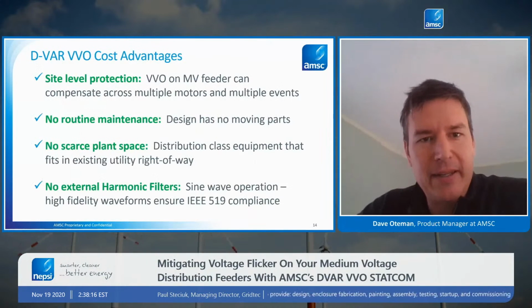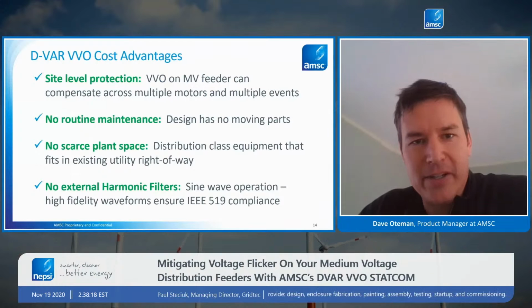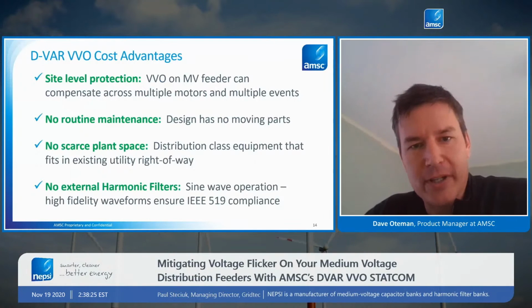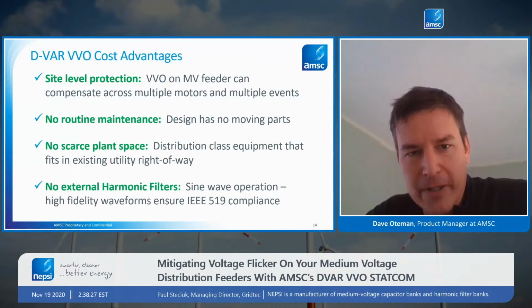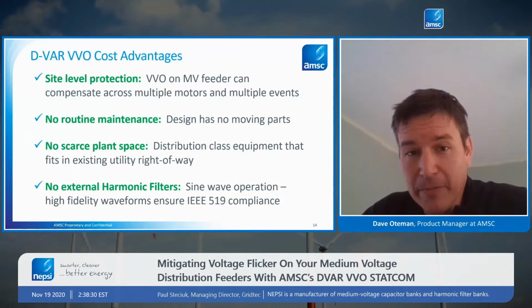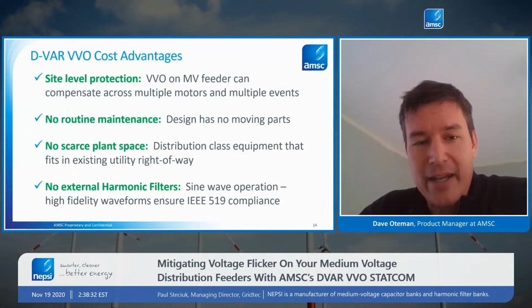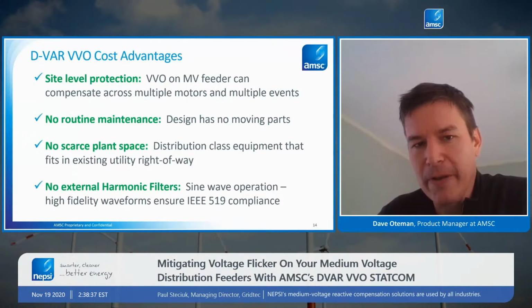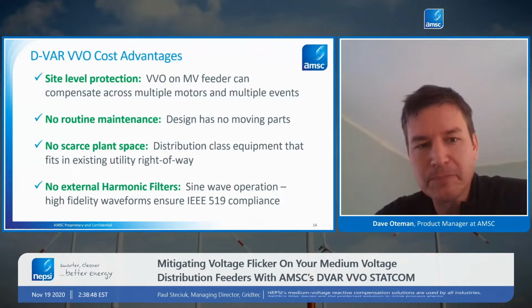So some key advantages that are brought by the STATCOM technology in terms of cost. So we mentioned site level protection. A single STATCOM on a distribution feeder or a medium voltage feeder has the advantage that multiple motors causing power quality issues can be compensated. So if there's 2 or more motors, that single STATCOM will respond to any one motor causing an issue on the feeder.